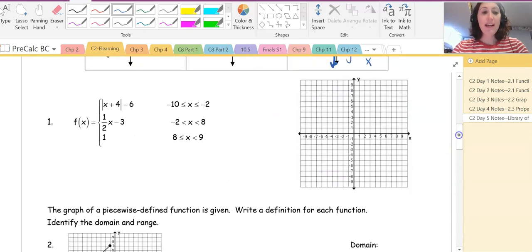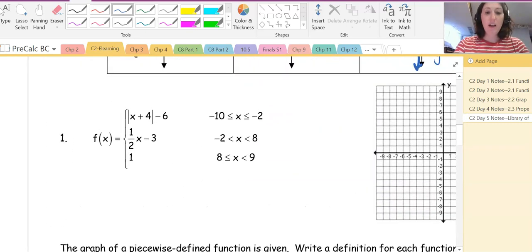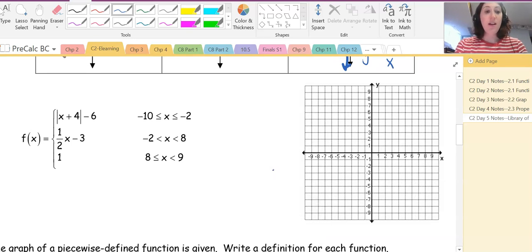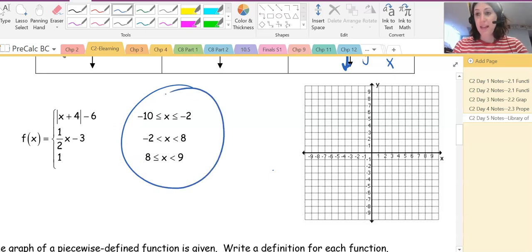So let's go ahead and we are going to graph one. So this piecewise function has actually 3 different types of functions in it. We have an absolute value graph, we have a linear, and then we have a constant graph as well. This one will represent just a horizontal line. So over here we have our domains for each section. Now, one thing that I have done in the past, and this is entirely up to you, is use a highlighter or my pencil to draw in the little regions.